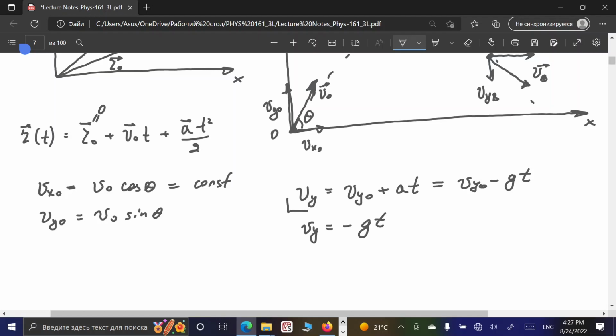It's still moving along axis x, this vx doesn't change, it remains constant. But y component is equal to 0, and then it just starts to fall down.